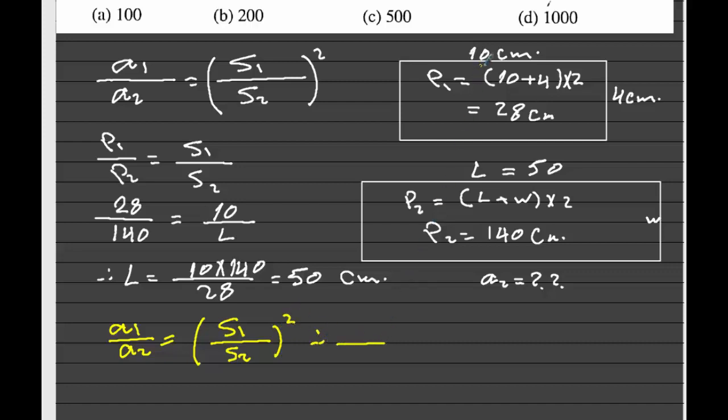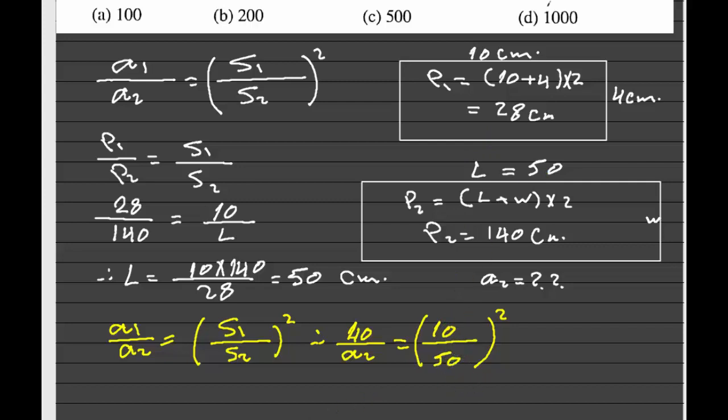So A1 equals length multiplied by width, 10 multiplied by 4 equals 40, over A2, which is required, equals S1 over S2 all to the power 2. We consider S1 is 10 and the corresponding side is 50.